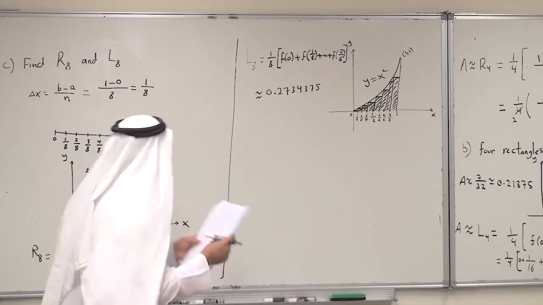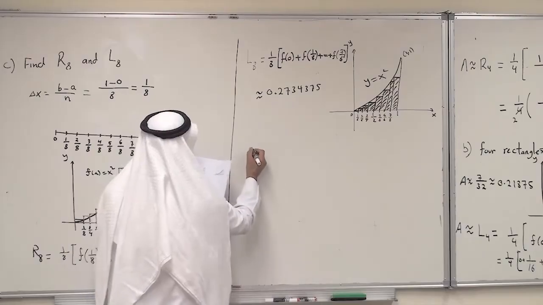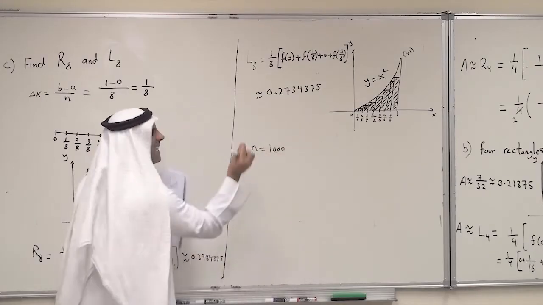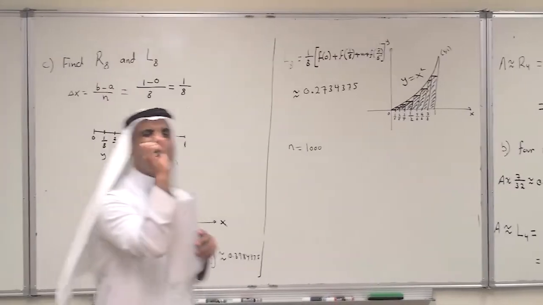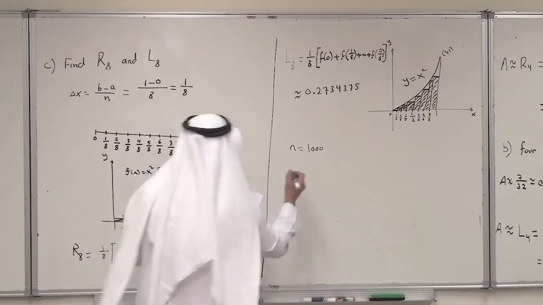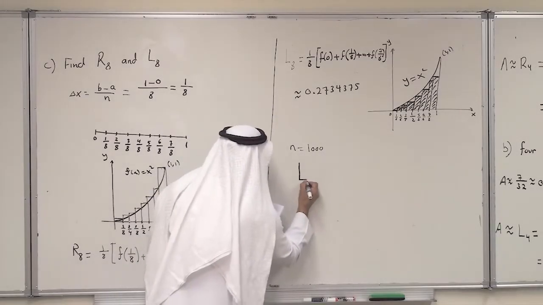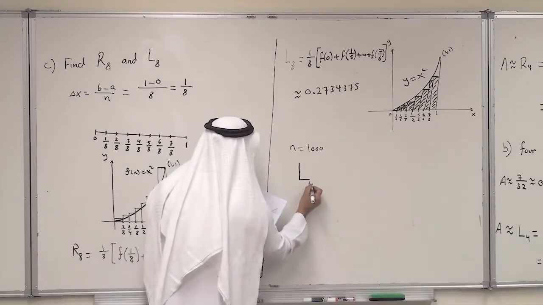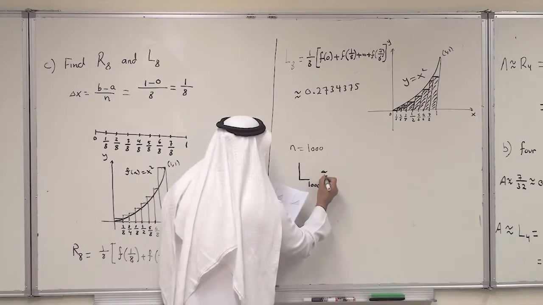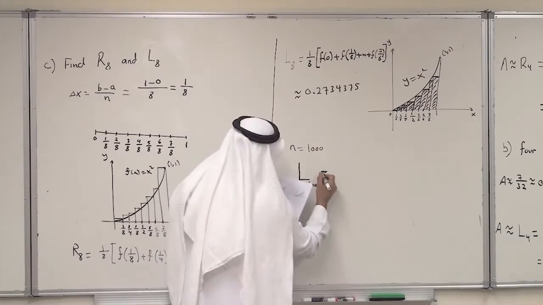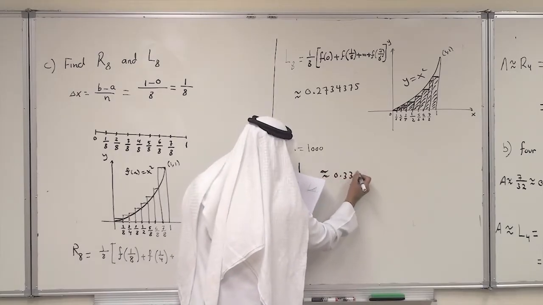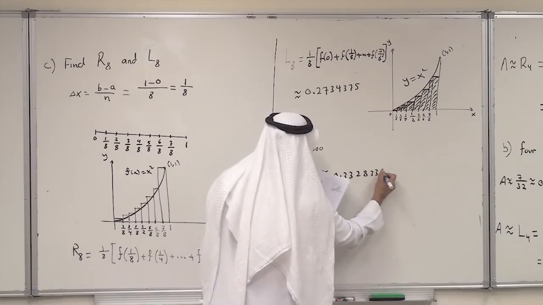I will give you the calculation for choosing n equal to 1,000 rectangles. Look here. So delta x will be 1/1000, that is 0.001, close to 0. What happened in that case? If you calculate using a computer, for example, L1000 is approximately equal to 0.3328335.